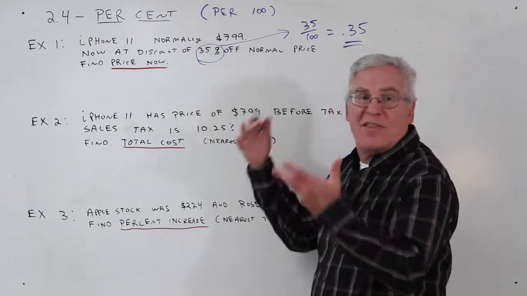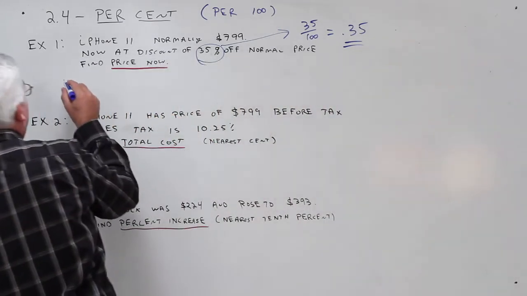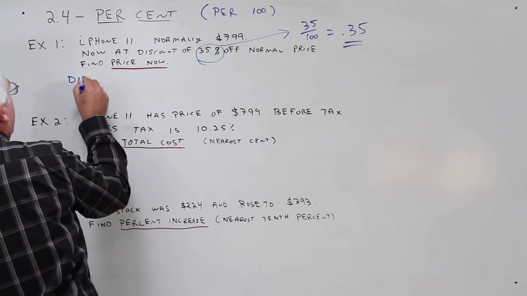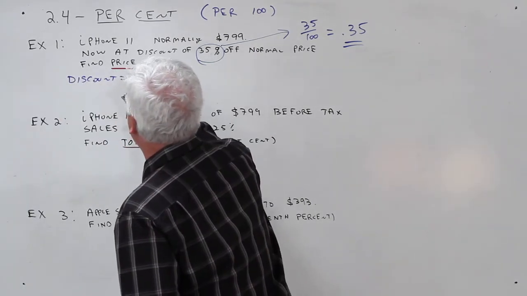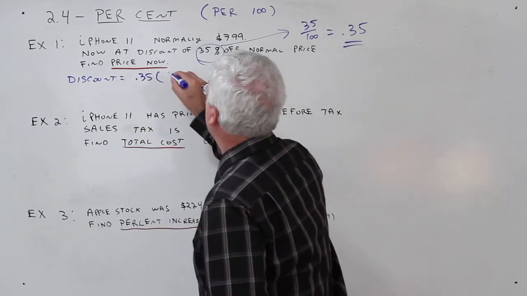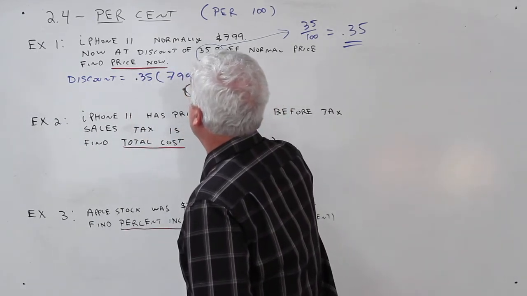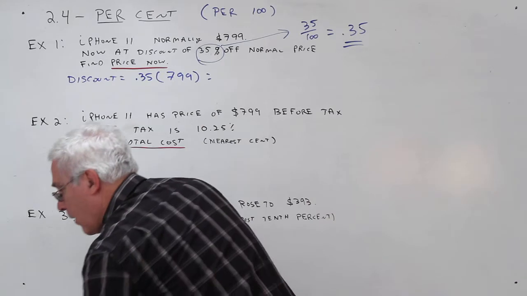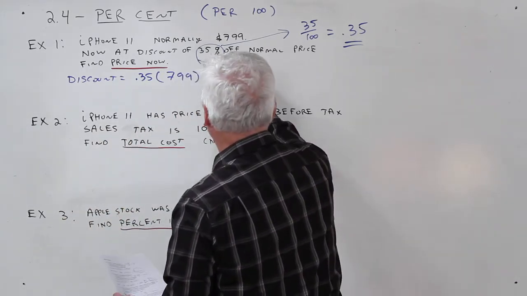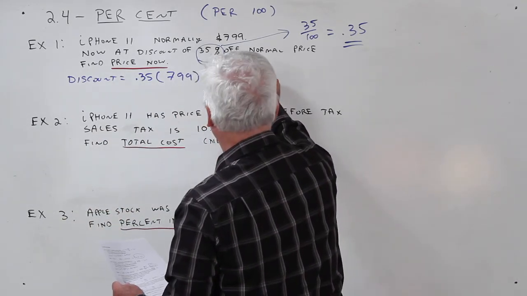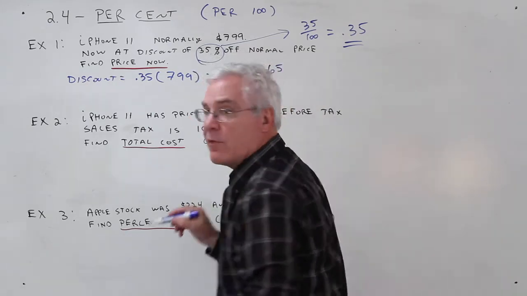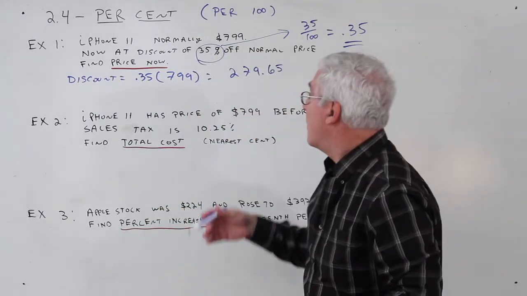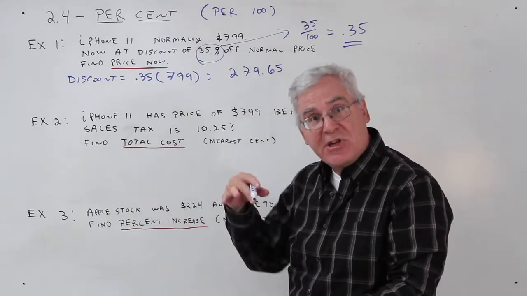So for the discount, it's going to be 0.35 of the $799, and I did that calculation already, and the discount is $279.65. That is not the price now, that's just the reduction.